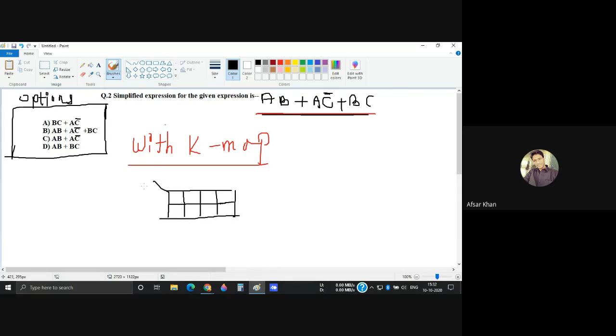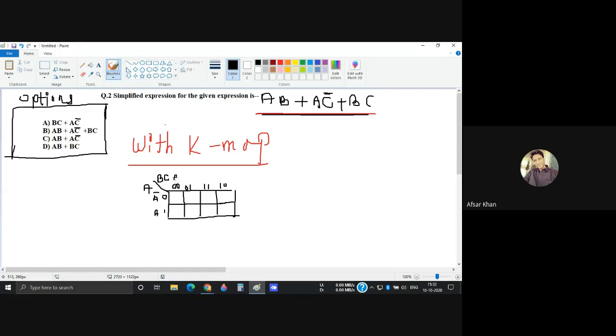So here we have A, here BC. Here we write 0, 0, 0, 1, 1, 1, 1, 0. Here 0 and 1. These 0, 1 represent A bar and A. This is A bar and this is A.